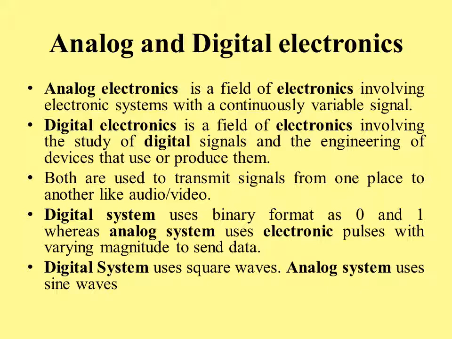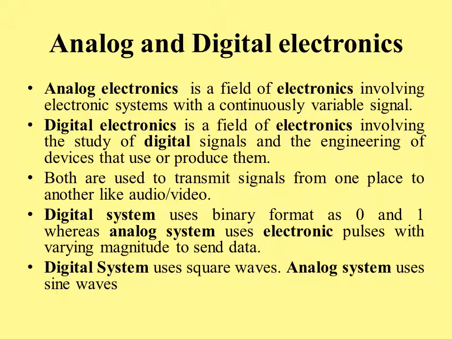Digital electronics is a field of electronics involving the study of digital signals and the engineering of devices that use or produce them. So, this is the basic difference between analog electronics and digital electronics.